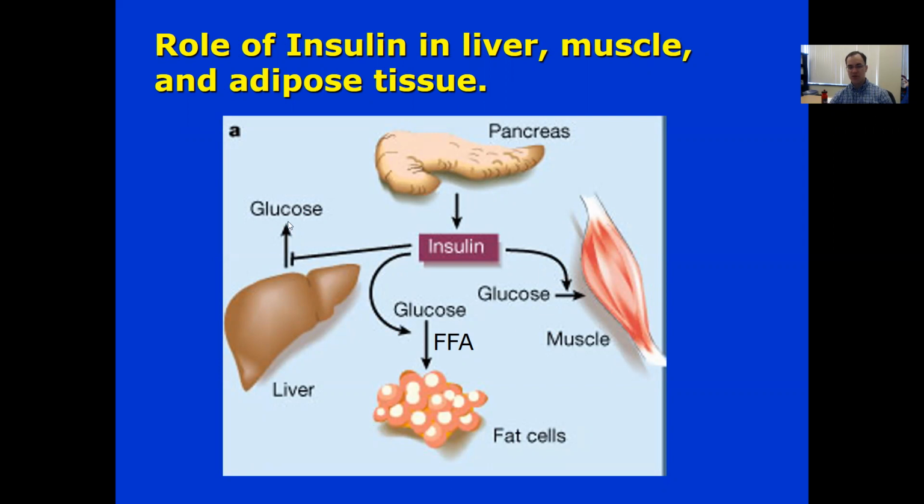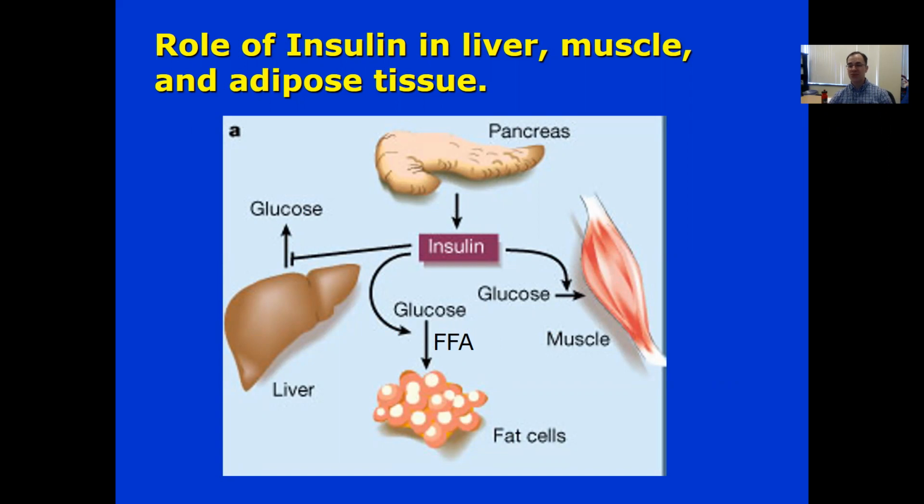This also causes glucose to be taken up by the skeletal muscle, and it causes glucose and fatty acids to be taken up into the adipose tissue. So the idea with insulin is that it causes an increased storage of nutrients, glucose and triglycerides, but prevents the breakdown of these as well.